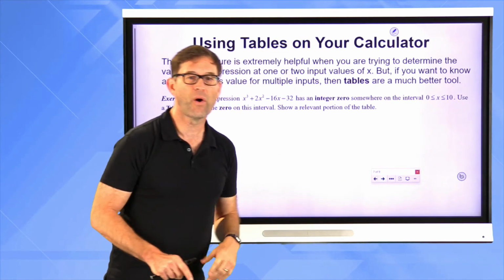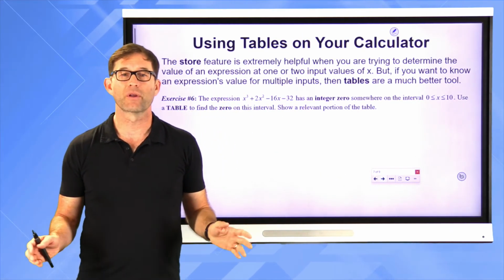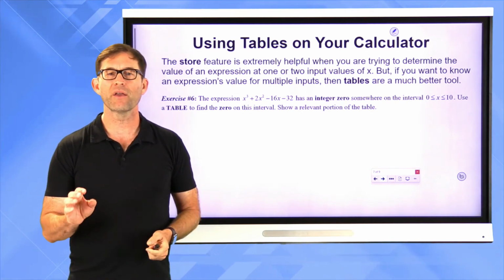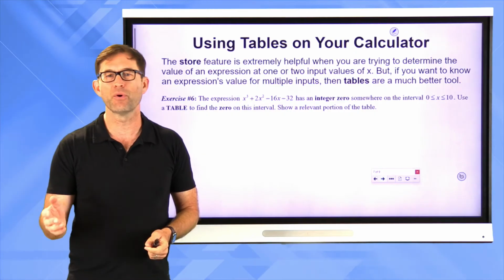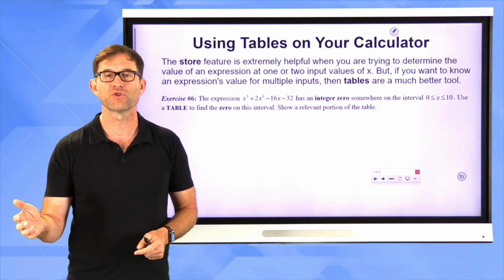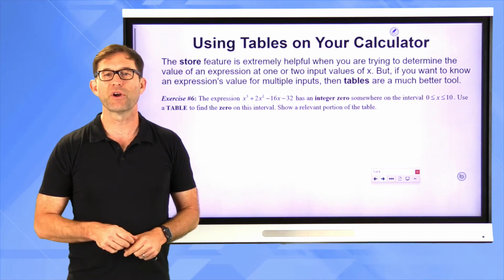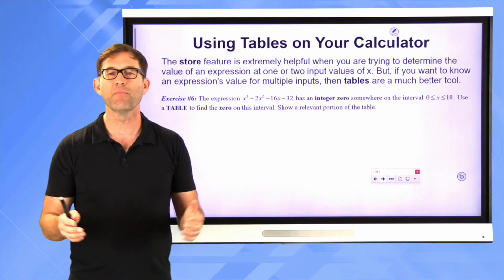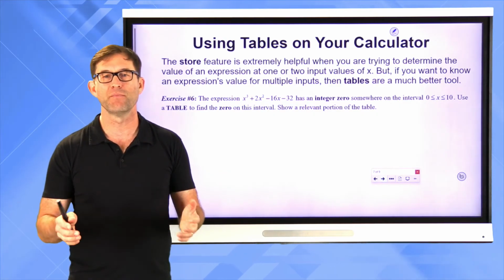So far we've used the store command, and the store feature is extremely helpful when you're trying to determine the value of an expression at 1 or 2 input values of x, or check the solution or solutions to an equation. But if you want to know an expression's value for multiple inputs, then tables on your calculator are a much better tool.